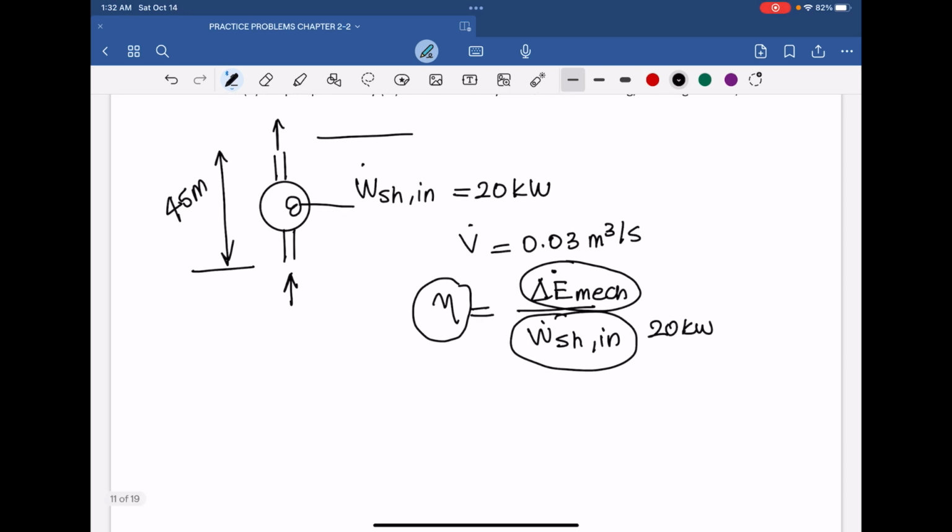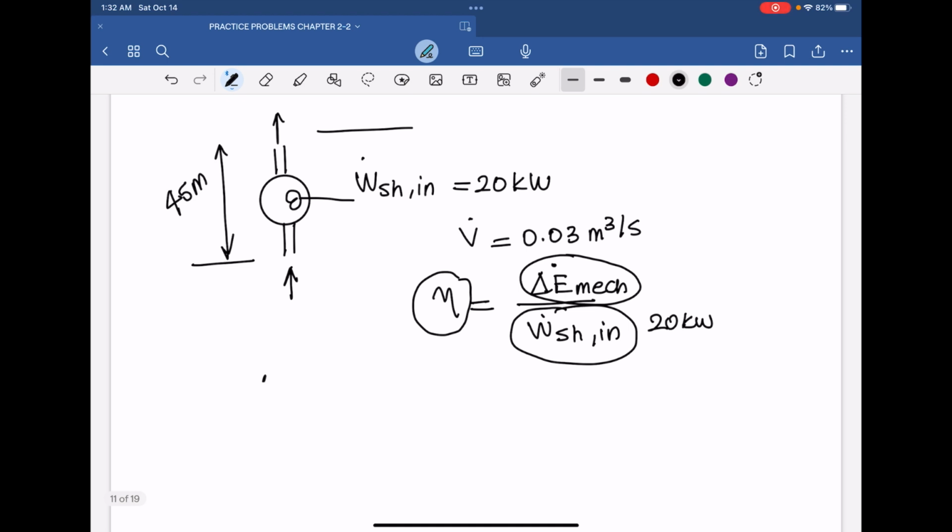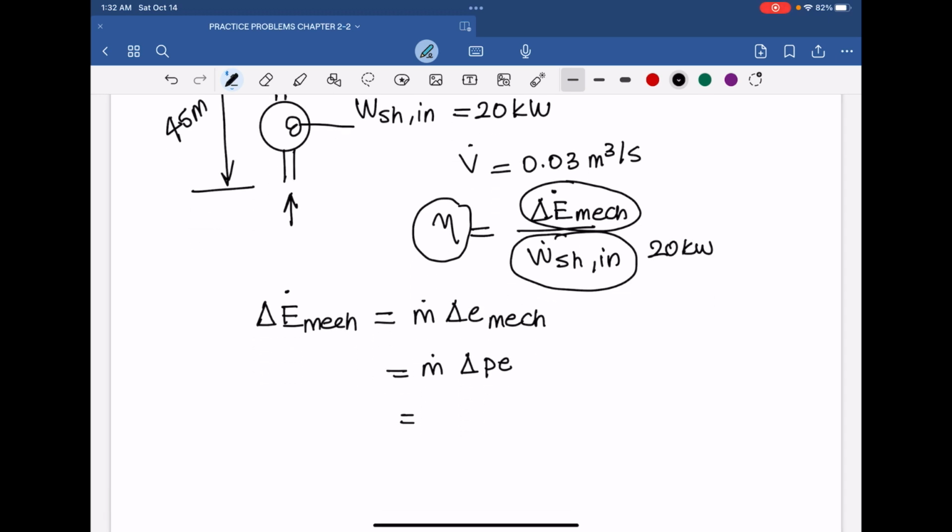Okay, so let's calculate the rate of mechanical energy change, which is equal to mass flow rate times mechanical energy change per unit mass. In this case, the main contributor is the potential energy change, and that is mass flow rate times g times h.